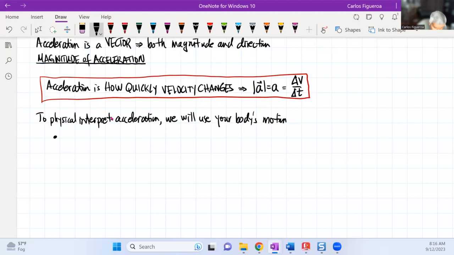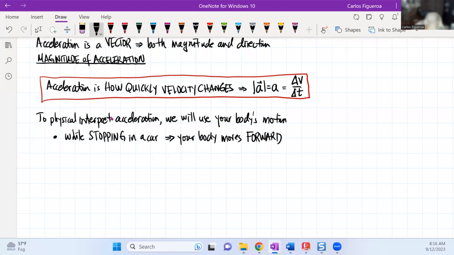So the first thing that you should see here is that while stopping in a car, what you're going to find here is that your body moves forward. On the other hand, while speeding up in a car, your body moves backwards.